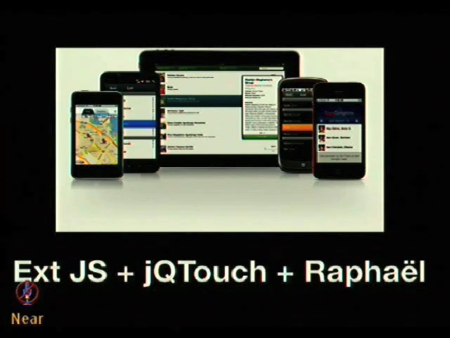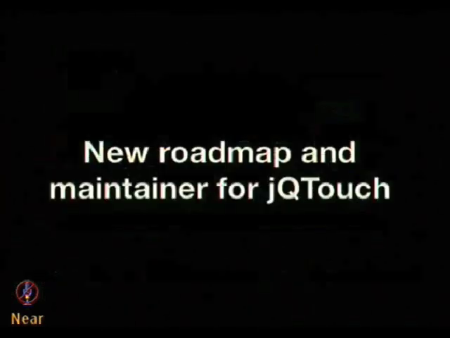So I think it's really, really promising. It's probably a little bit early to say, go build your app on this right now, because this just came out a week or two ago. But it looks cool. And you can see that they're not just targeting iPhones and Android phones, but also iPad apps. So, web-based iPad apps. Really cool. As well, jQTouch will still be around, so there's a new roadmap for that. There's a new maintainer. So I think it's got some promise.